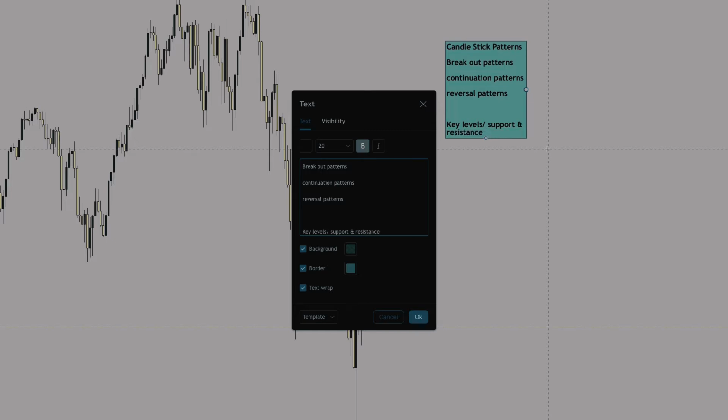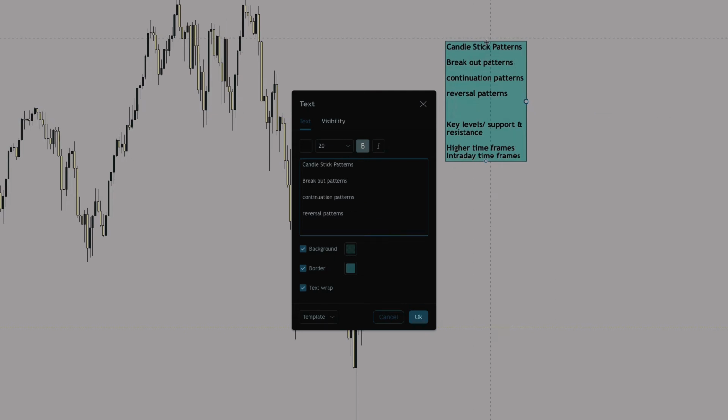Key levels and support and resistance are basically the same thing. If you don't know what they are, you can watch my previous video about support and resistance simplified. These key levels need to be found on higher time frames and intraday time frames.